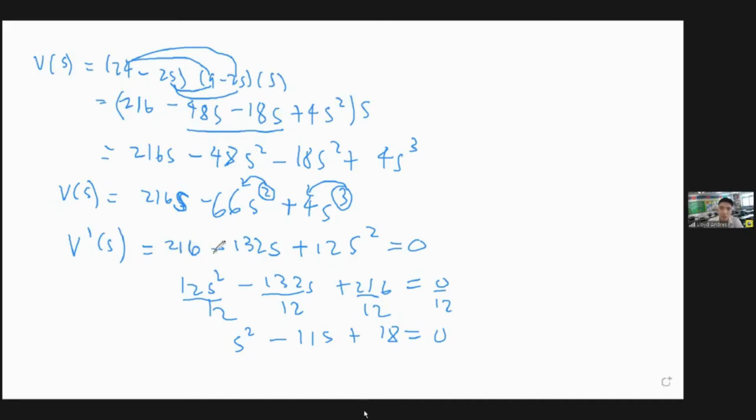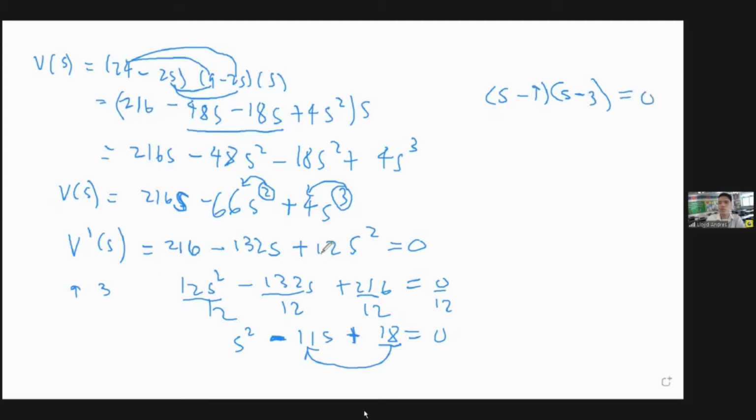Factoring this one, we can have s minus, and s minus. Since the middle term is minus and the last term is plus, both signs must be the same, so both minus. We look for factors of 18 that add up to 11. The factors of 18 are 9 and 3, and adding them gives 11. So s minus 9 times s minus 3 equals 0.